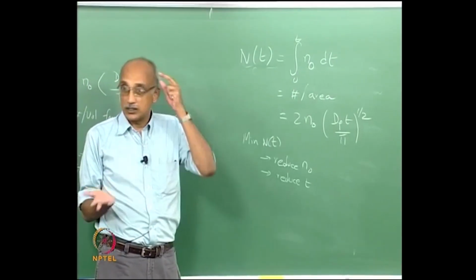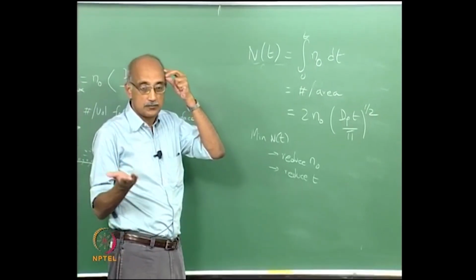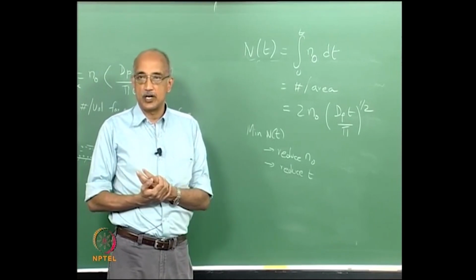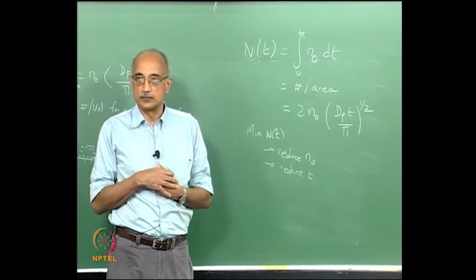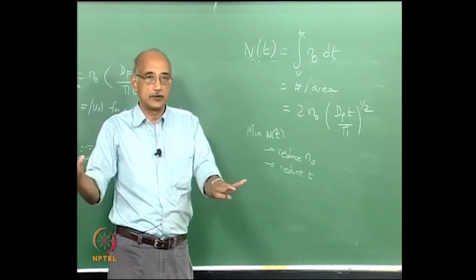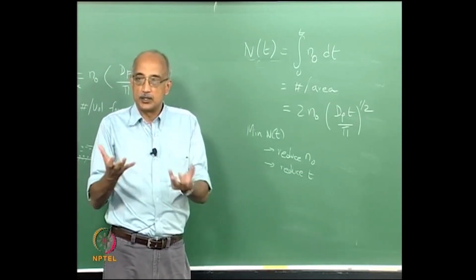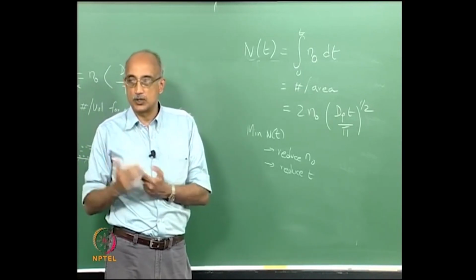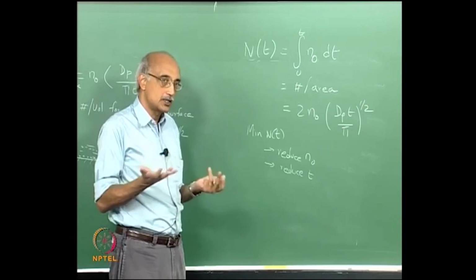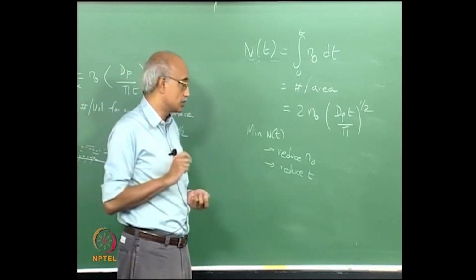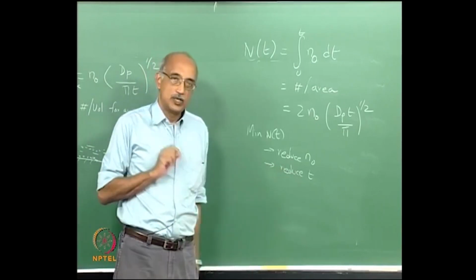So if I am making an integrated circuit and I want to keep it as clean as possible, then I would only expose it to the clean room environment for as short a time as possible, and then as soon as the necessary processing is done, I will cover it with something, putting it inside a wafer carrier that has a good sealing lid and so on. You can actually protect the surface from being exposed to the surrounding environment. So you try to control T, minimize T.